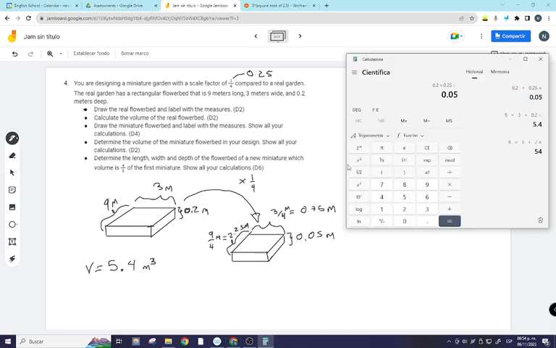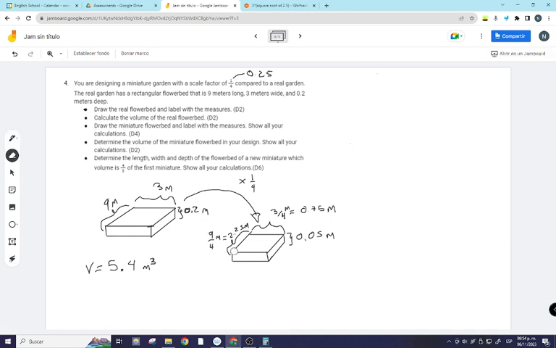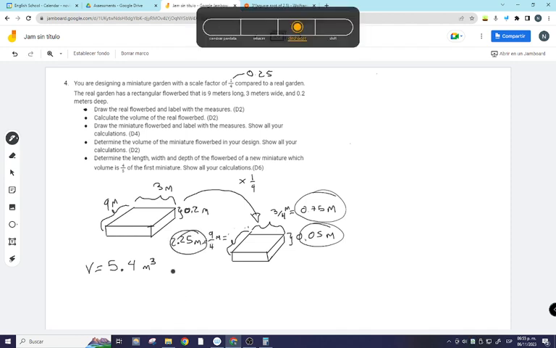Let's confirm it. 9 divided by 4, yeah, 2.25 meters. Let me actually draw this better. Yeah, so these are the measures. I know you prefer them in decimal version, so it's that.